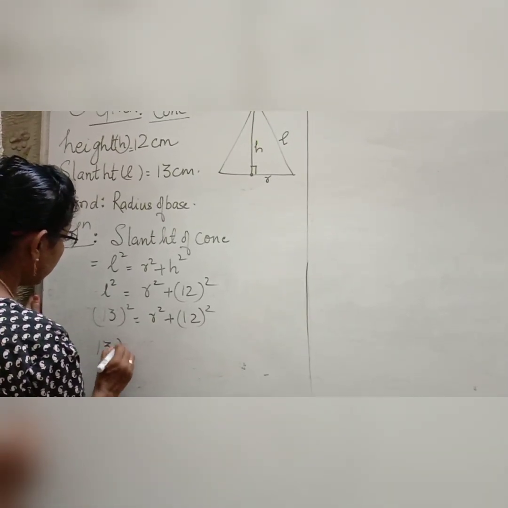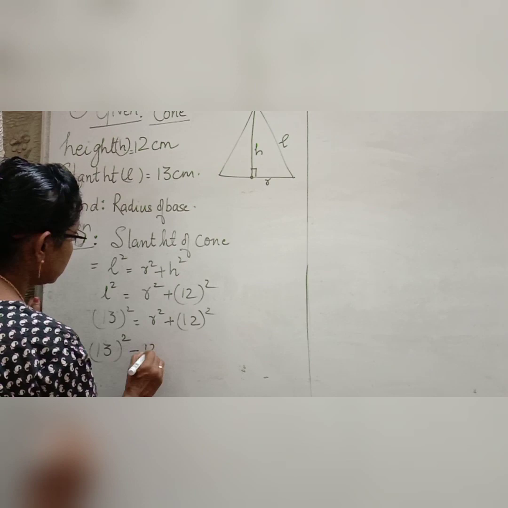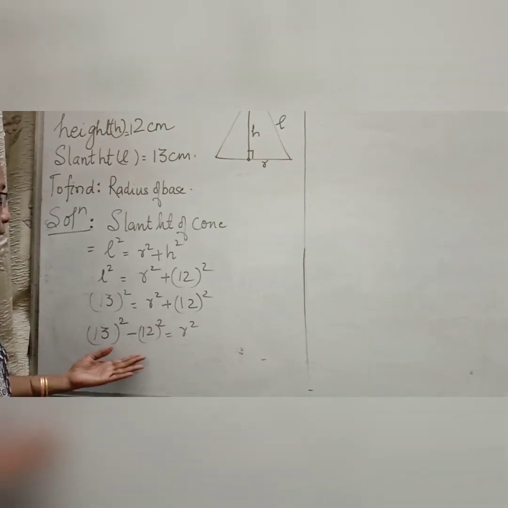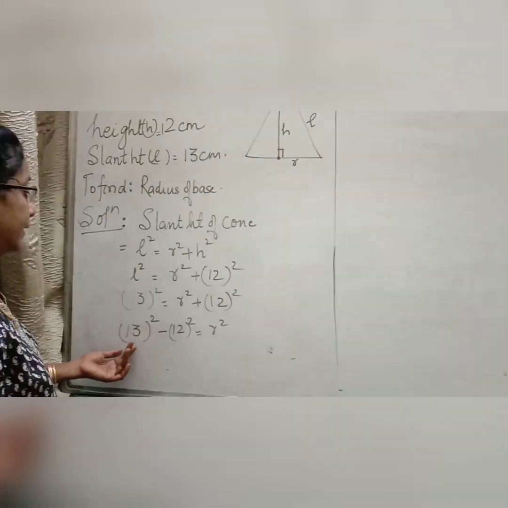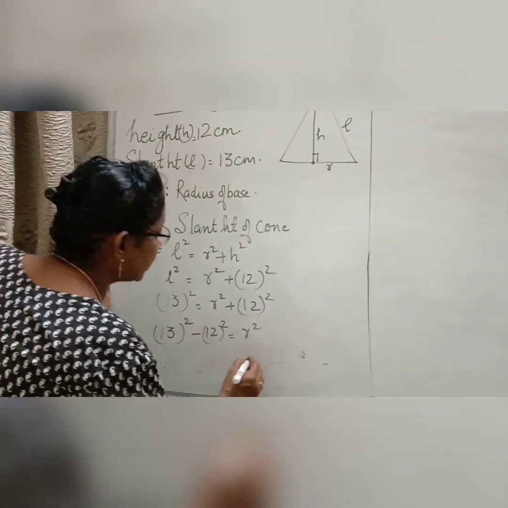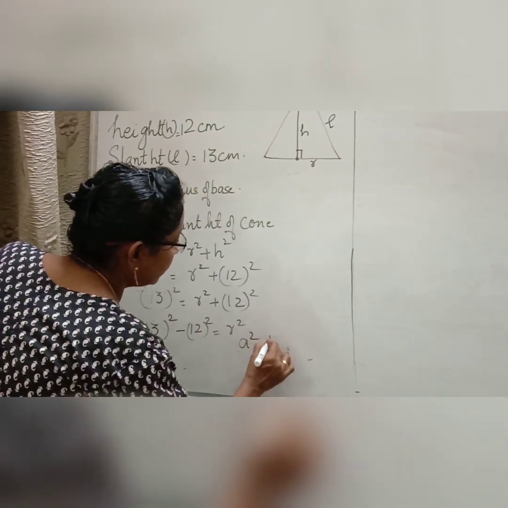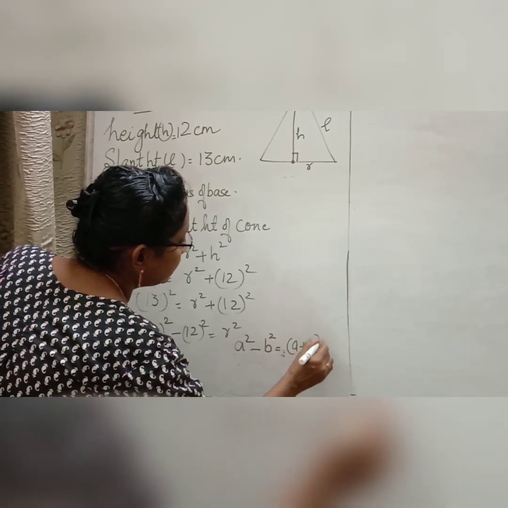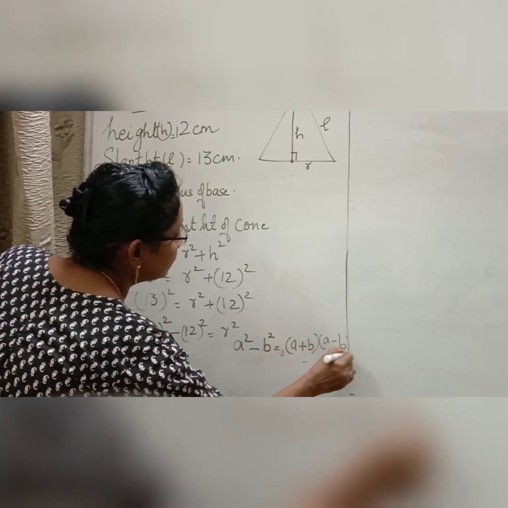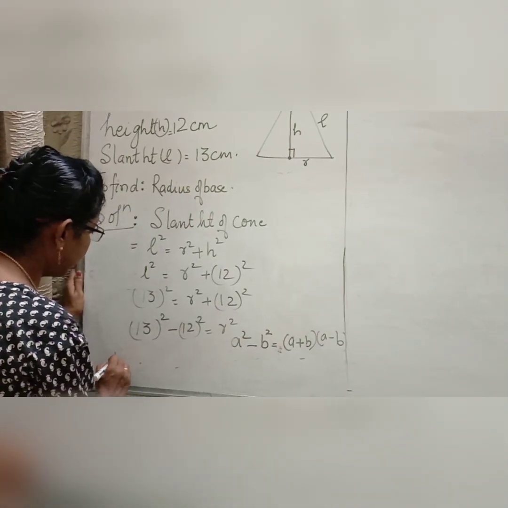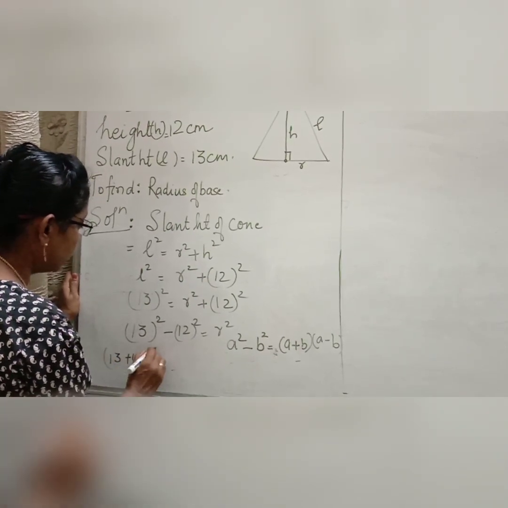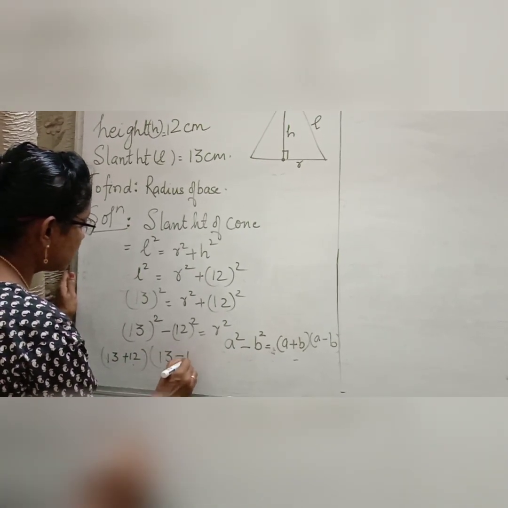So 13 square minus 12 square is equal to R square. Here we can use the A square minus B square formula, that is A square minus B square is equal to A plus B into A minus B. So we can write down here 13 plus 12 into 13 minus 12.